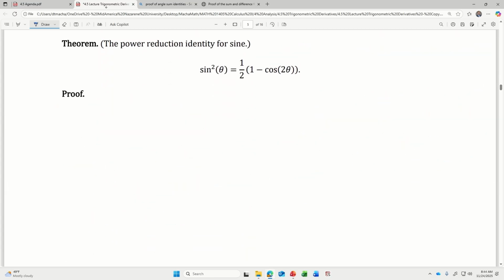So in the next step, where it says we want the power reduction identity for sine, how do we prove this, that sine squared of theta is equal to 1/2 times 1 minus cosine of 2 theta? Well, we just saw that cosine of 2 theta should be equal to 1 minus 2 sine squared theta.